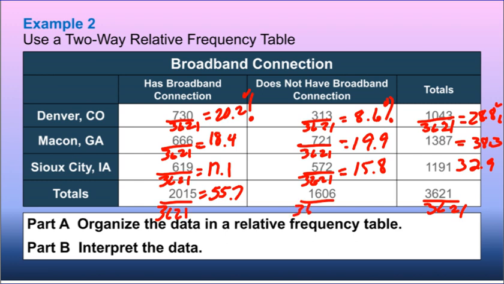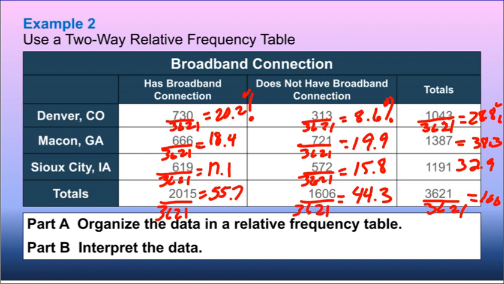I'm just writing the 3621 underneath here, even though I don't have to do that. 8.6 plus 19.9 plus 15.8 should give us 44.3. This should equal 100%. 55.7 plus 44.3 does give us 100.